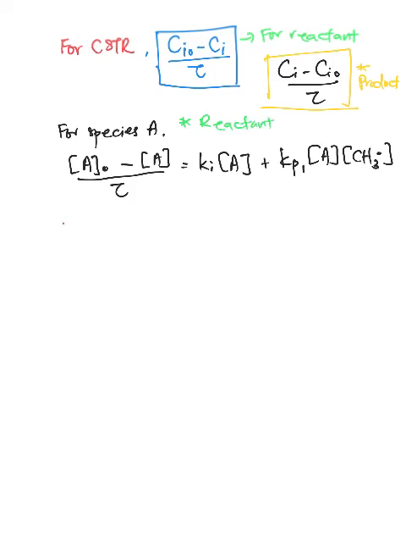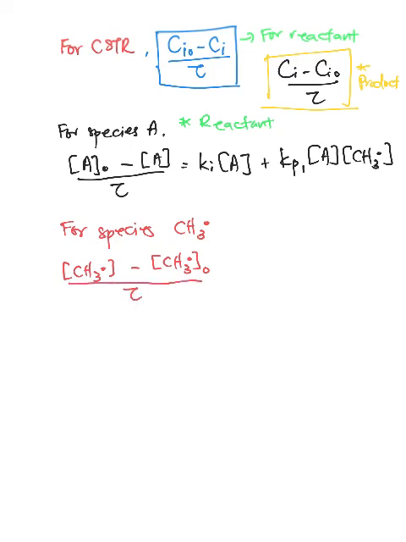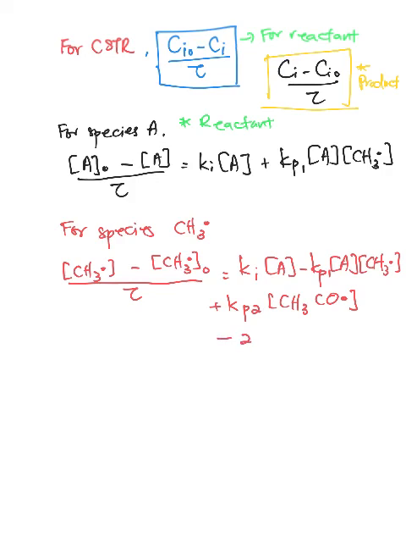For the product, let's say for radical species CH3, the mass balance equation in CSTR is [CH3] radical minus [CH3] radical at initial, divided by tau, and it equals k_IA minus k_P1 A [CH3] radical plus k_P2 [CH3CO] radical minus 2 k_T [CH3] radical squared.